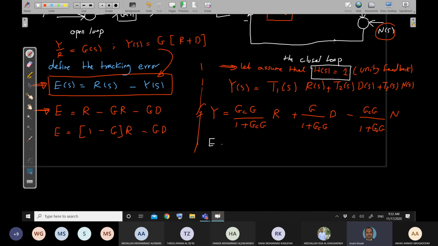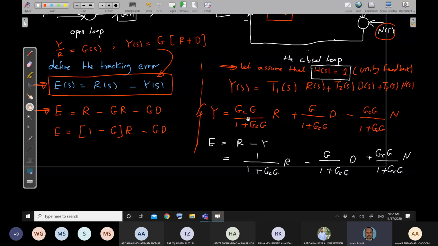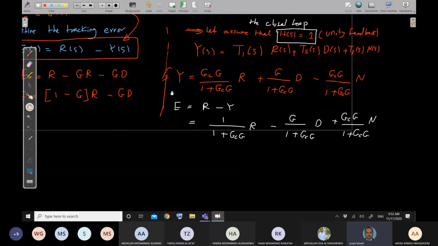So E is defined as R minus Y. If I calculate this one, this will equal 1 over 1 plus GCG multiplied by the R, minus G over 1 plus GCG multiplied by the D, plus GCG over 1 plus GCG multiplied by the N. Simply how to do that?